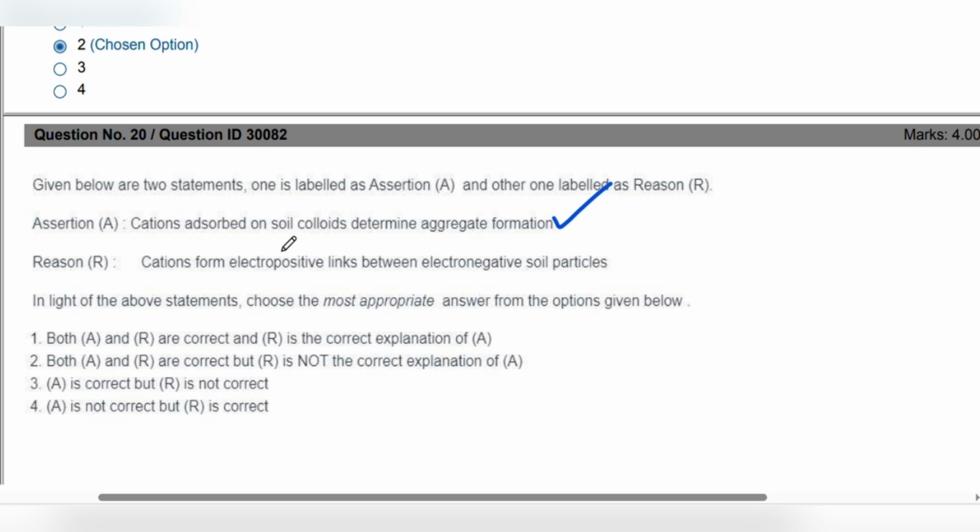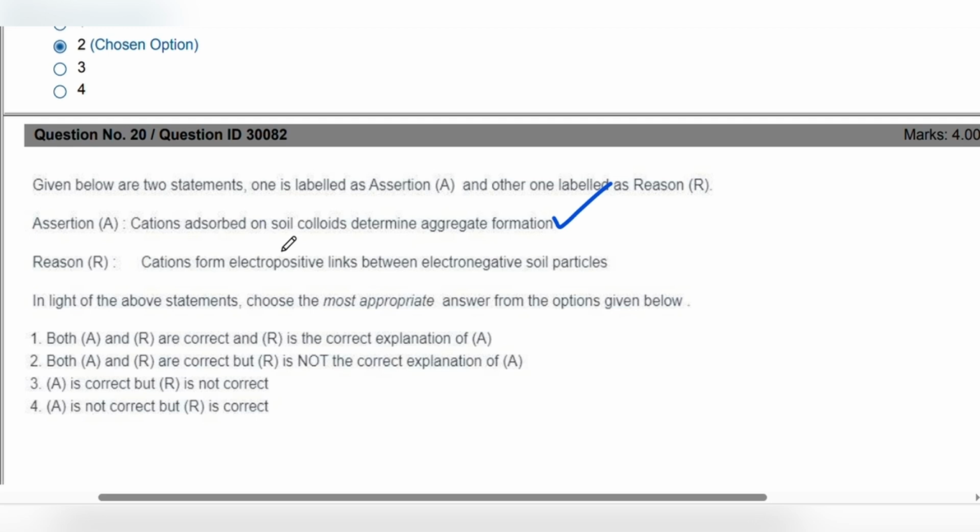This we know because sodium and lithium cations are good dispersing agents and they disperse the soil colloids, whereas cations like calcium and magnesium flocculate the soil colloids. The reason for this is a bit difficult chemistry, but you should know that the main reason is hydration, ionic potential, or the hydrated radius, hydration energy.